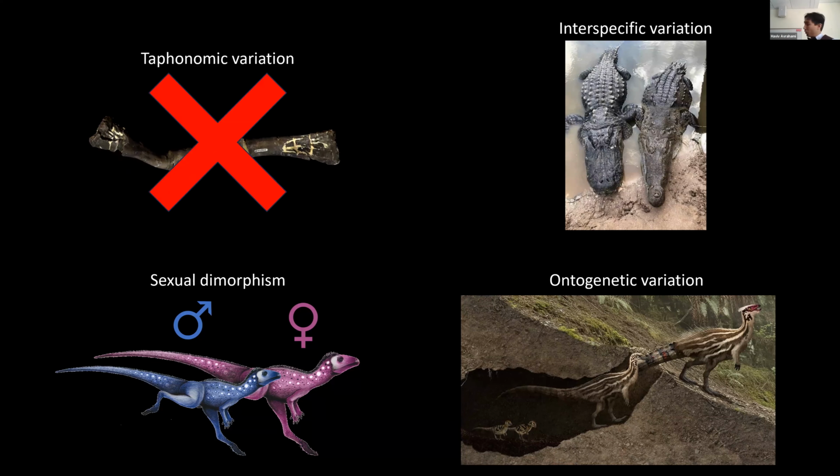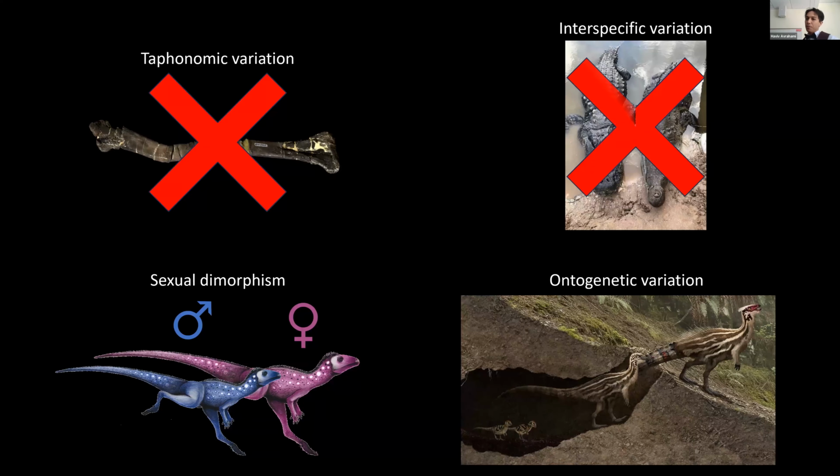We can also eliminate interspecific variation because we've already established in chapter 1 that Phona likely represents one species. So that leaves us with sexual dimorphism and ontogenetic variation. So let's start with ontogeny. This is variation due to individuals with different ages. But to explore this, we're going to take a pause from chapter 2 and pivot to chapter 3. Then we'll come back to chapter 2.